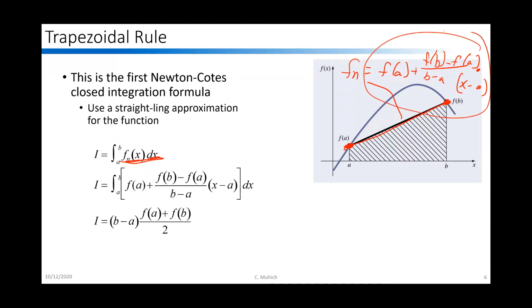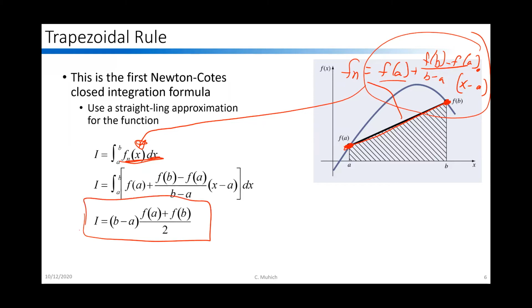I can take this entire formula, put it into this integral, which should now be relatively straightforward, right? Because we know what f of a is, and we know how to take the integral of this line. When I do this out, we end up with this formula. The integral is b minus a times the quantity f of a plus f of b over 2.